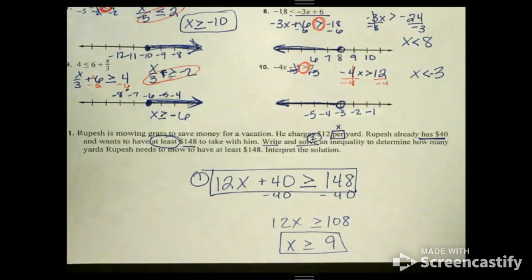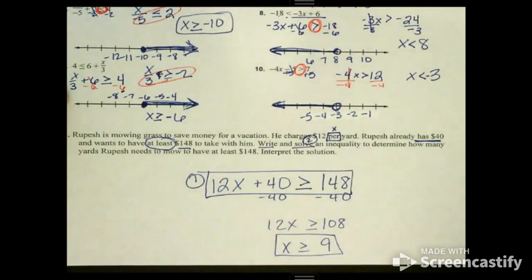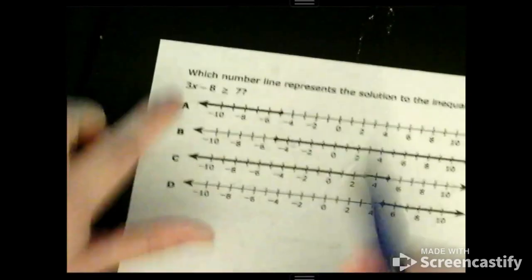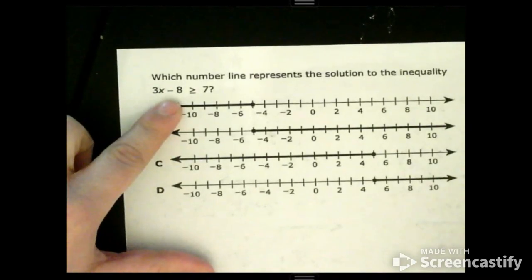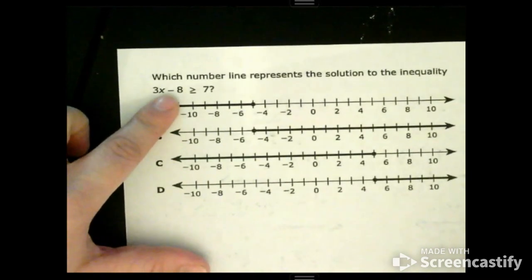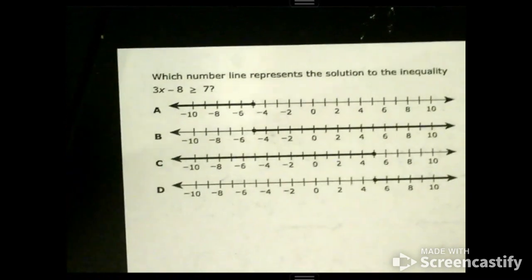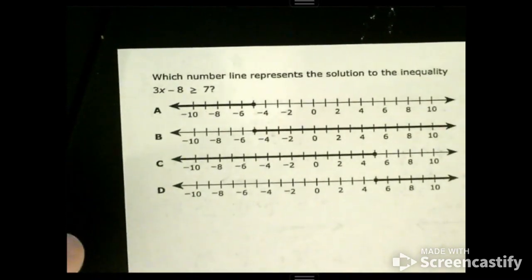There's one more on the back. And it is from the STAR test. Okay. It has to be easy. All right. So it gives me an inequality. And it says, which number line represents the solution to the inequality? Remember how yesterday I said I should be able to know exactly what it means by just looking at a number line.